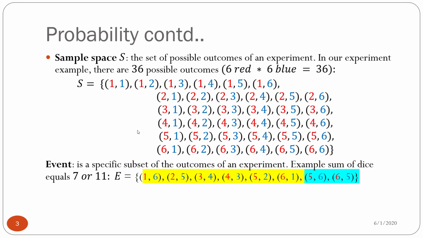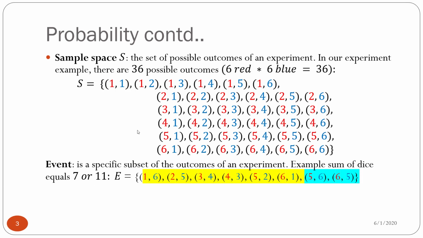So the answer to that is very simple. H for the result being head, T for the result being tail. So the sample space for tossing a coin will have just 2 outcomes: H when the result is a head, T when the result is a tail.